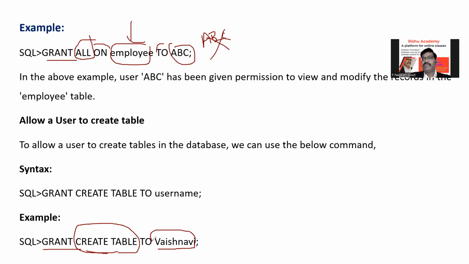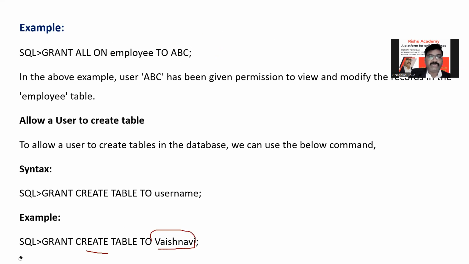I don't want to give all the privileges, only create table permission. So you can grant create table. Whatever you want, you can select the privilege, then mention it clearly there. Then that privilege will be granted to so-and-so user.